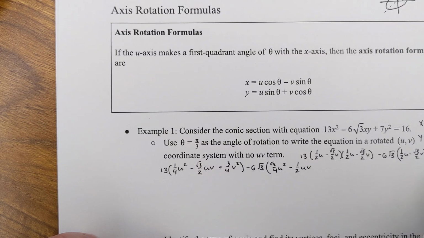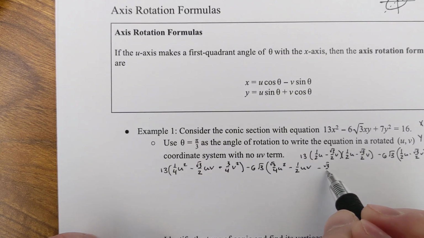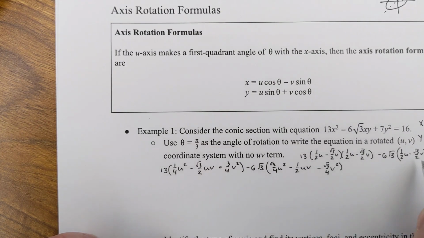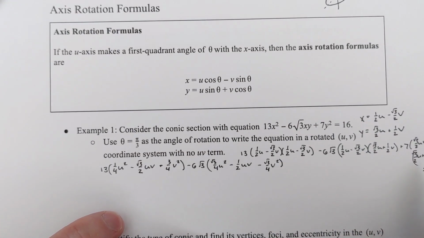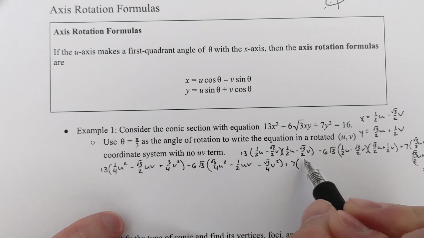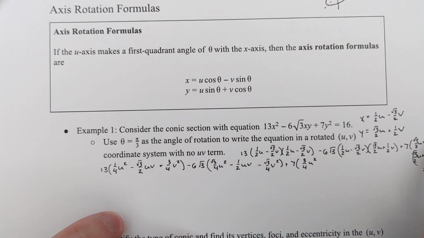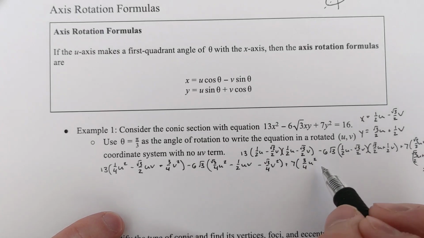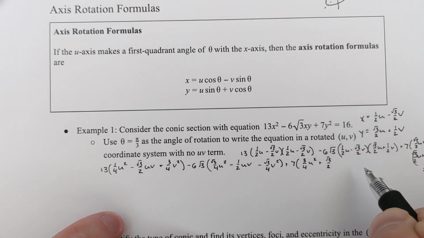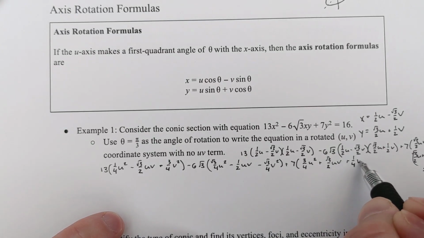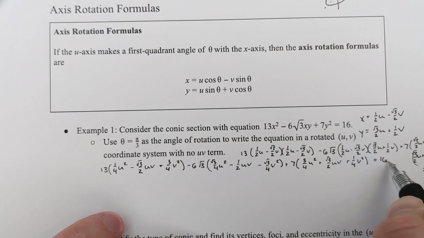And then the last one would be minus root 3 over 4 v squared. So that's those expanded. All right, plus 7, 3/4 u squared. So that's going to be root 3 over 4 uv plus root 3 over 4 uv. So plus root 3 over 2, because I have to double it, uv, plus 1/4 v squared, all that's equal to 16.